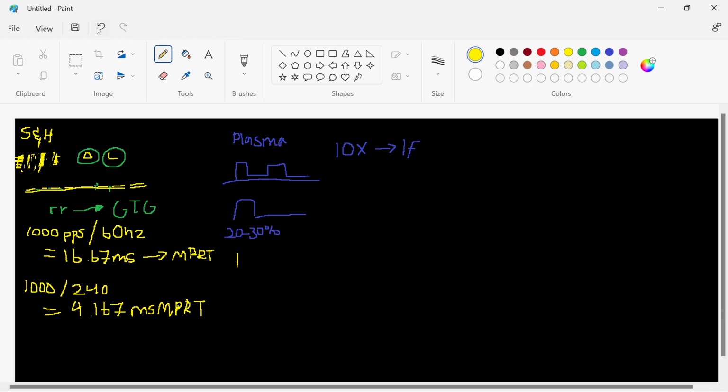So you take the 16.67 milliseconds and divide by the average of the two: 20 plus 30 divided by 2 is equal to 25%. So we're going to multiply that by 0.25 times 16.67. I'm going to punch this into the calculator.